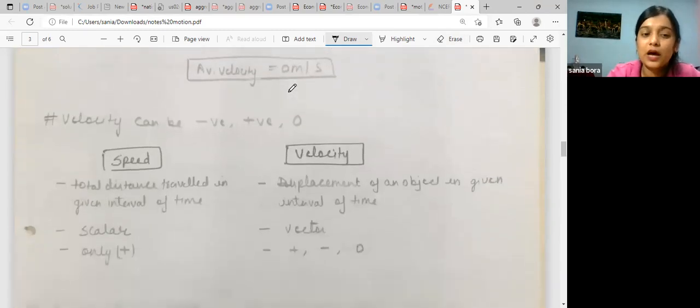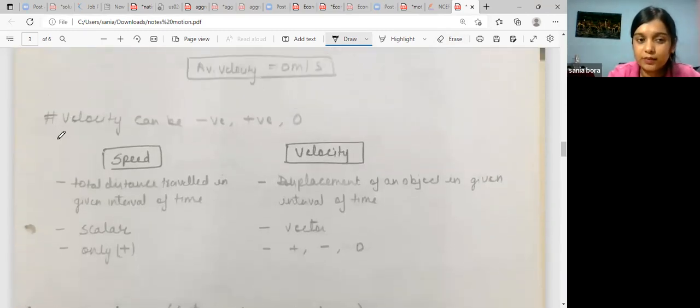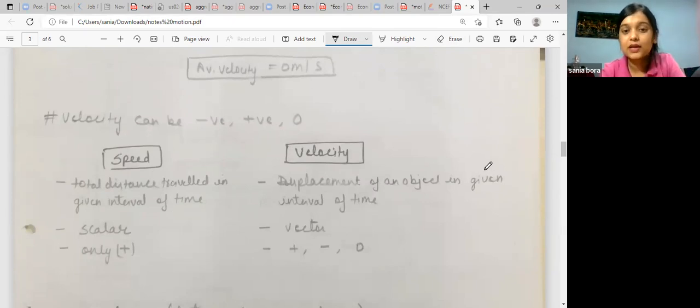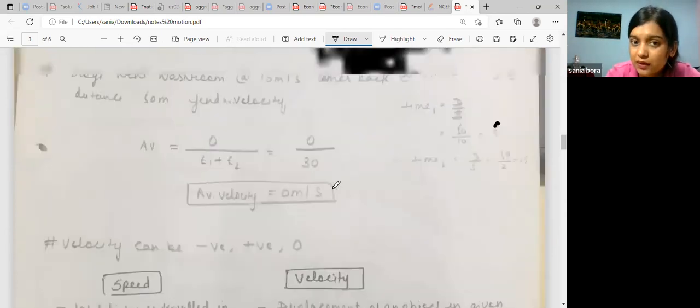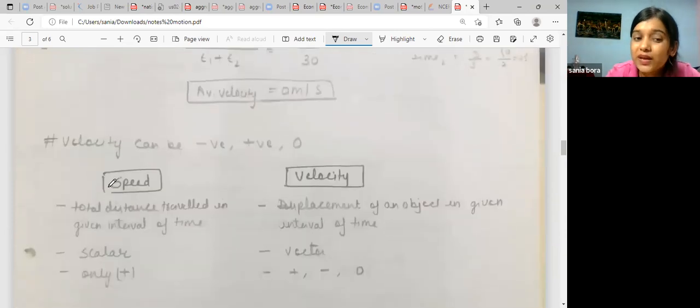Okay. Now basically few things. Speed and velocity. So the difference between speed and velocity. Speed is the total distance traveled in a given interval of time, and velocity is the displacement of an object in a given interval of time.